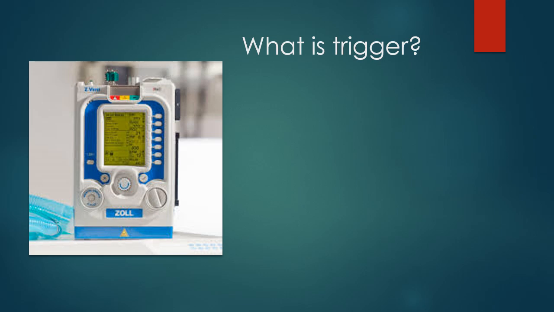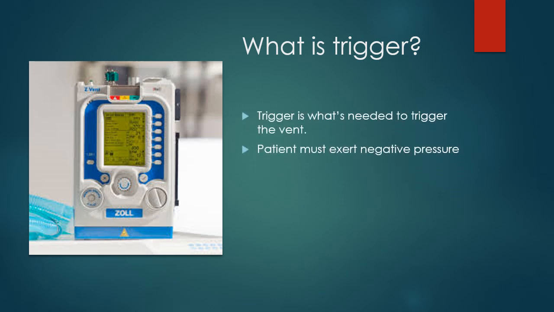If you hold down the PIP button, your trigger will pop up. Your trigger is normally defaulted to -2. So the patient has to drop their diaphragm, which we normally breathe by negative pressure, create that negative pressure gradient. Once that negative pressure reaches a threshold of -2, the vent turns on and starts to provide support.